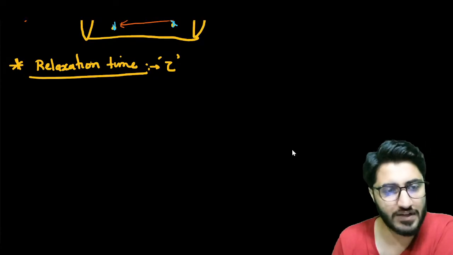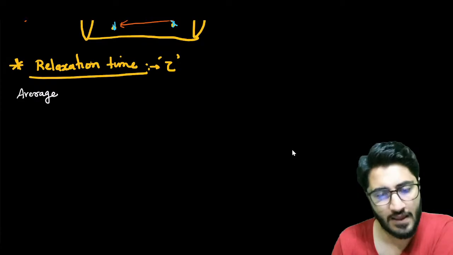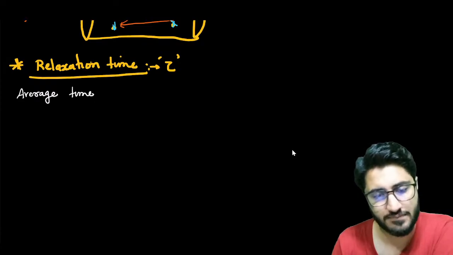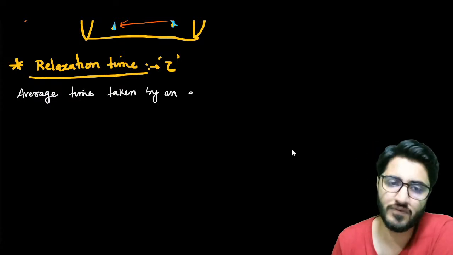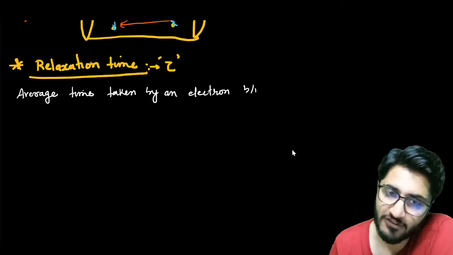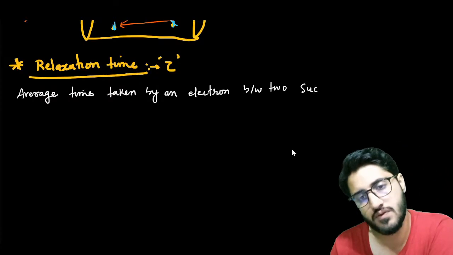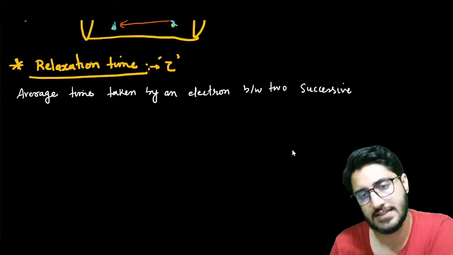And the definition of it: it is the average time taken by an electron between two successive collisions.